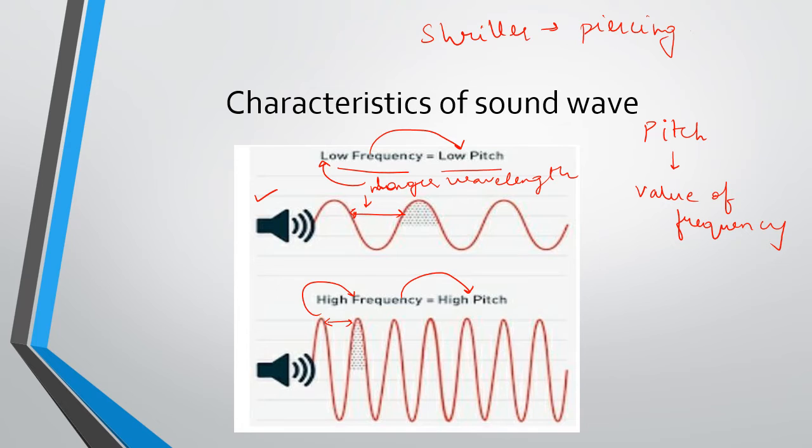Similarly, the voice of a female is shriller, that is, at a higher pitch as compared to the male. That is why when they shout, it is a kind of piercing sound in your ears. So that is why we can make out whether it is a male voice or a female voice. All these musical instruments work on this principle of high pitch and low pitch.